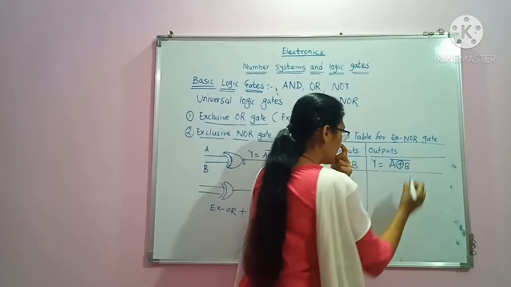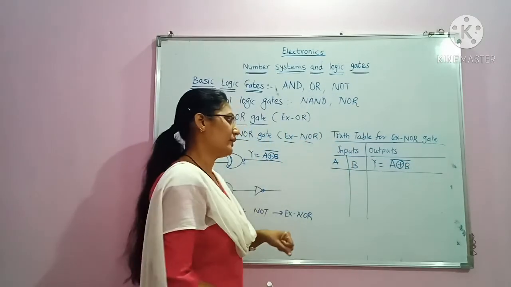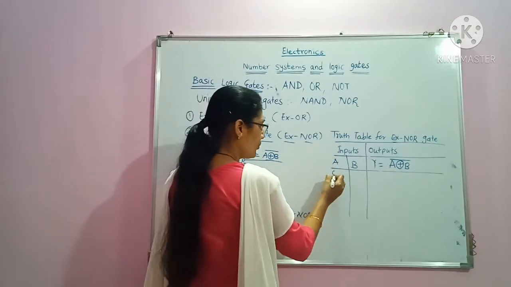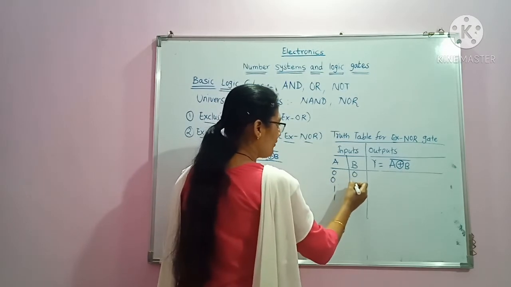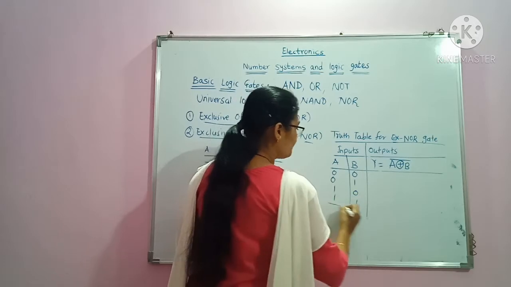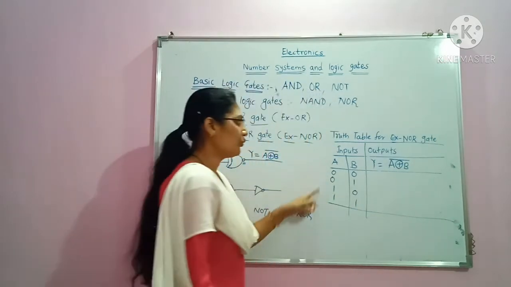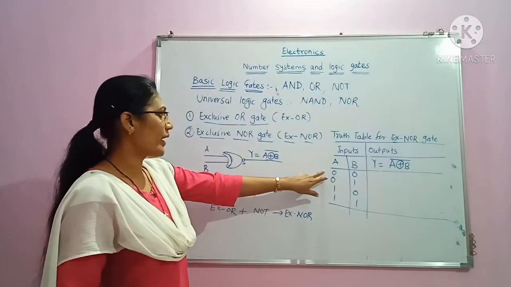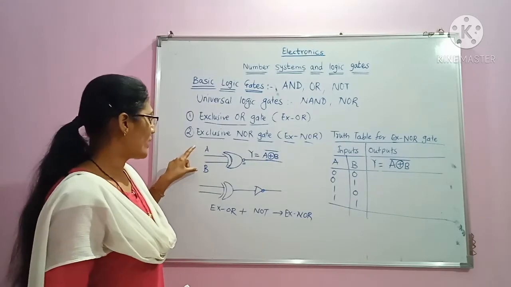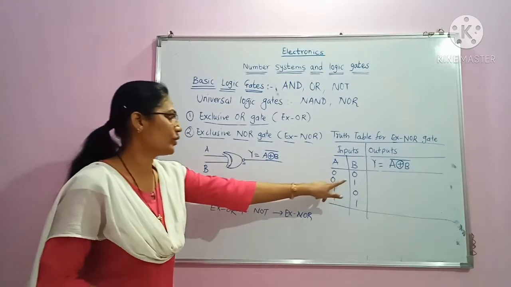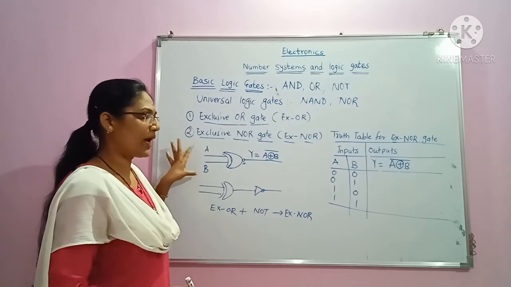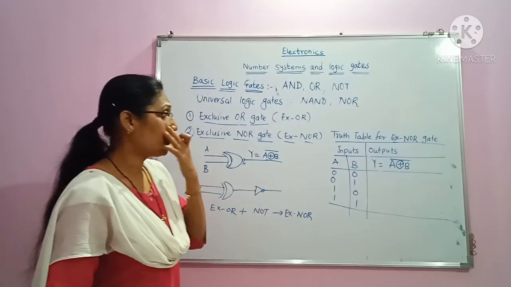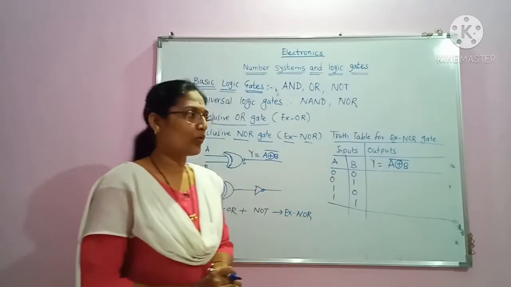So we have taken a complement. So here we have selected A value as 0011 and B value as 0101. So we have taken A and B value as 00, then 01, then 10, and both high, that is 11, and we will calculate the respective outputs.